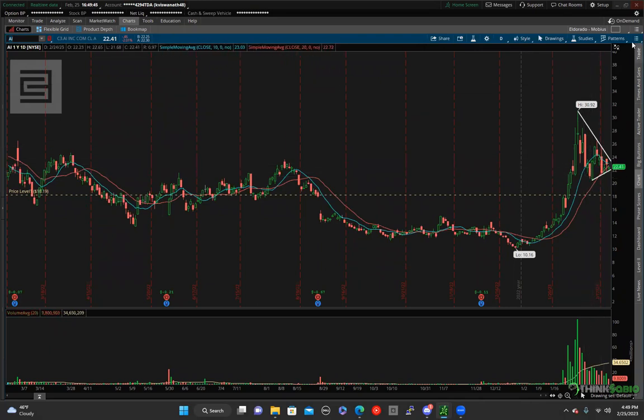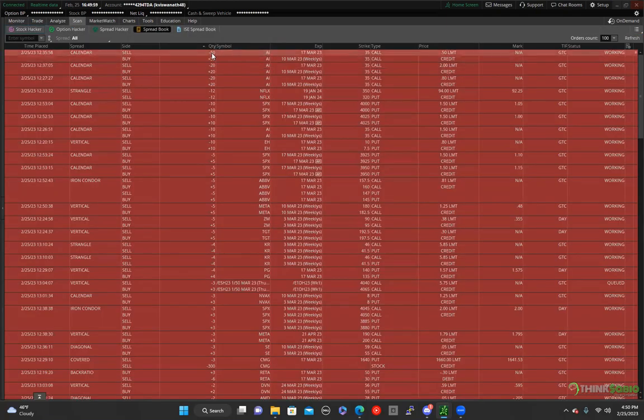This seems like a stock that can actually run well, but this is in a bull flag, and it is consolidating right now. So it should basically break it and then go all the way to 35 by 17th March for people to lose money. But a lot of bets, big bets happening on AI.